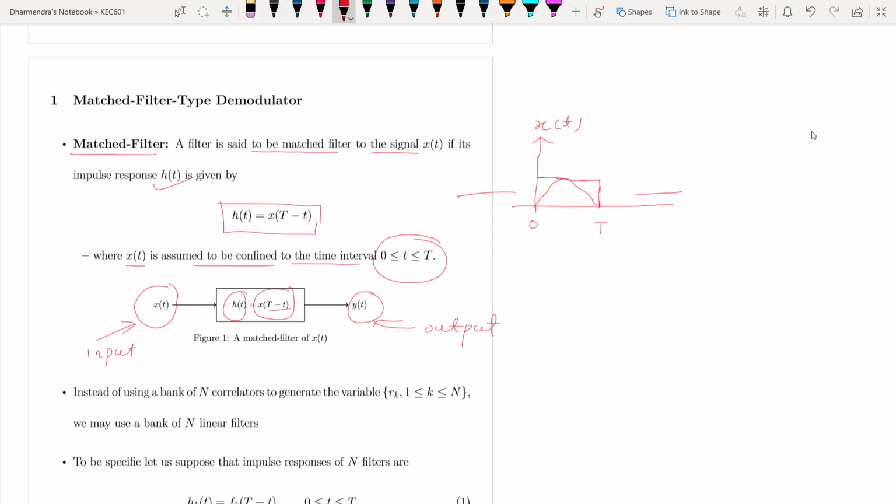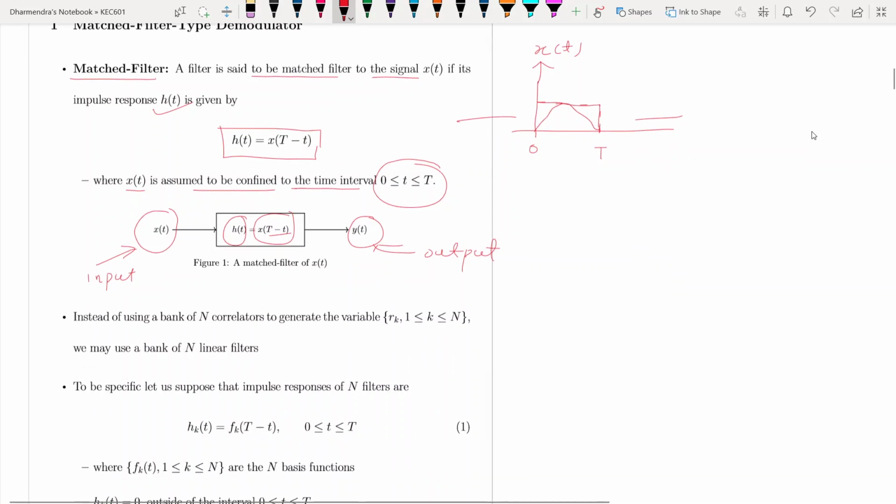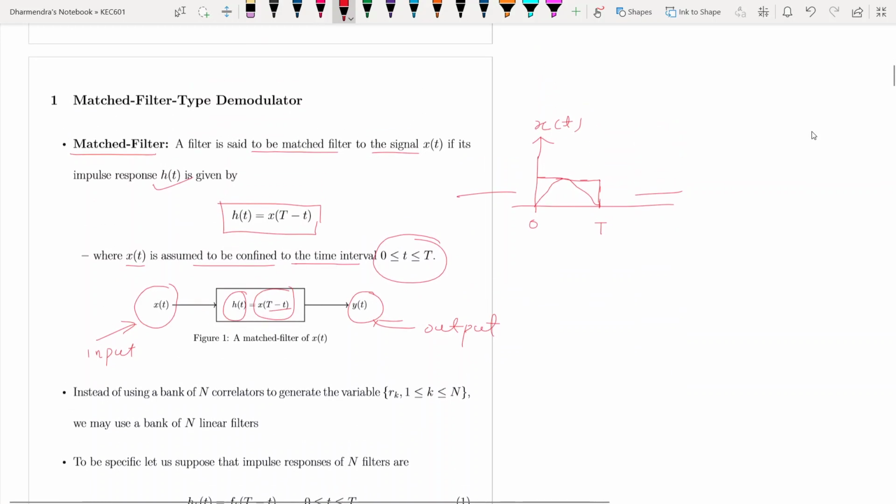This is the definition of a matched filter. So in the correlator type signal demodulator, we are using a multiplier and one integrator, and then we sample. In the place of this multiplier and integrator, I want to use a filter.